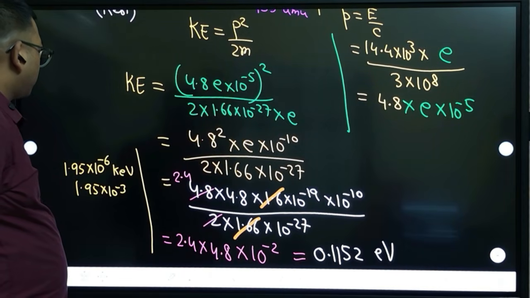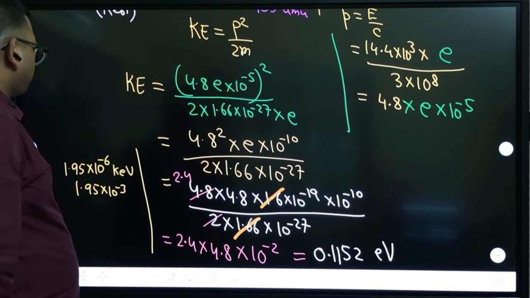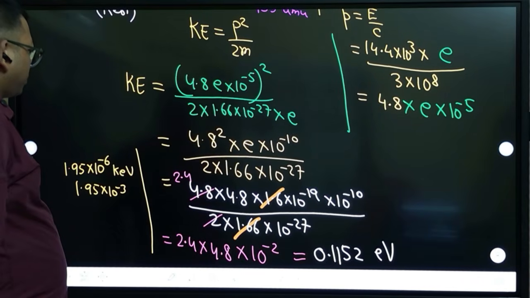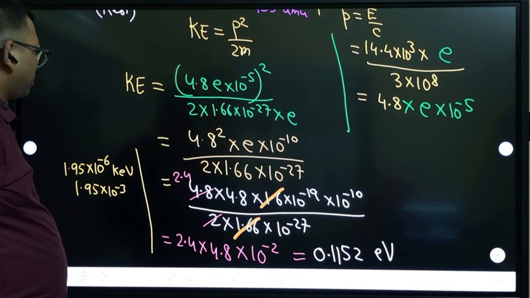This calculation is correct only, no? Check 2.4 into 4.8. That is 11.52 something it is coming. So 10 power minus 2 is 0.1152.